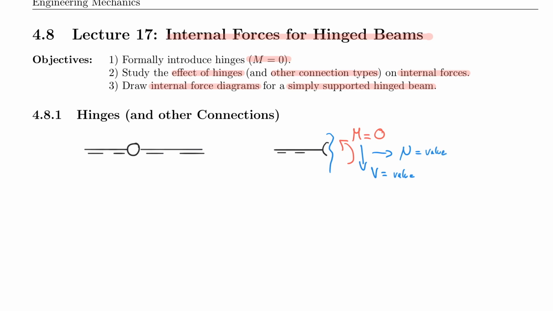Since we're talking here also about other connection types, let me briefly introduce that, while not part of this lecture, there are also normal force connections, in which you have a system in which everything is transmitted except the normal forces.